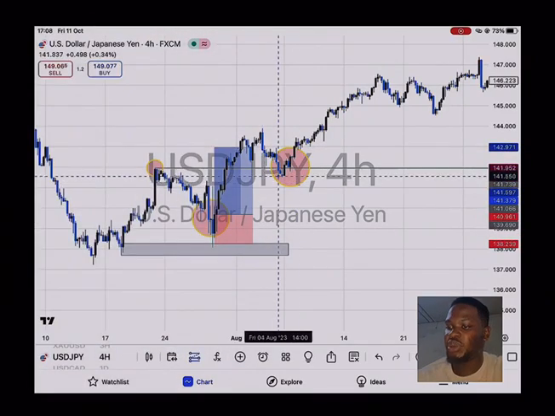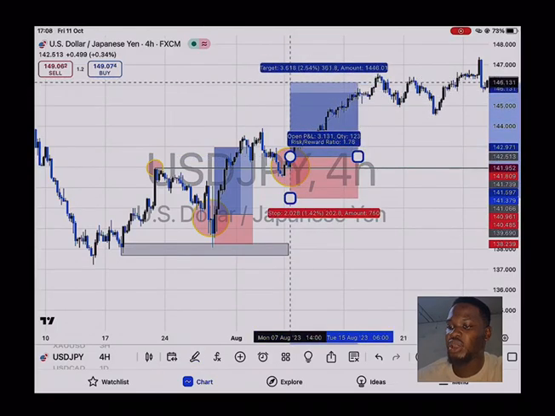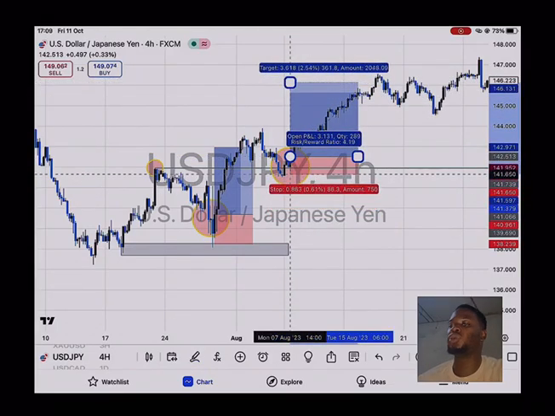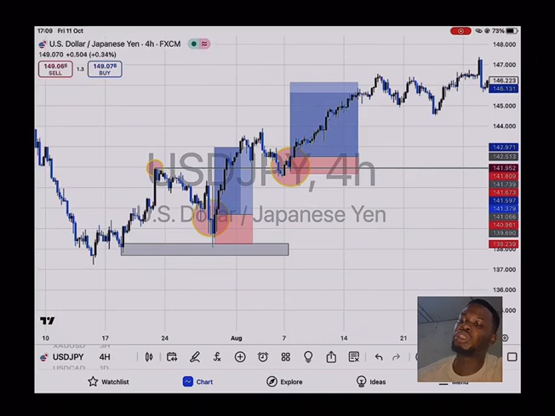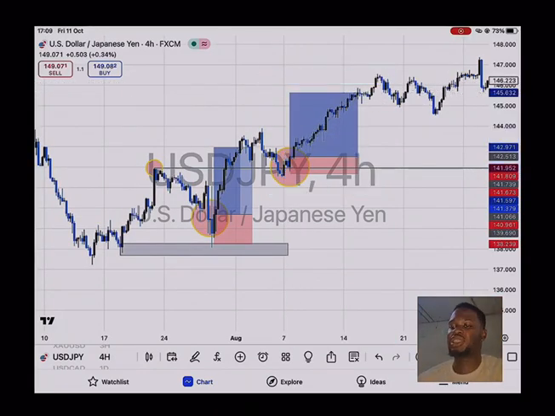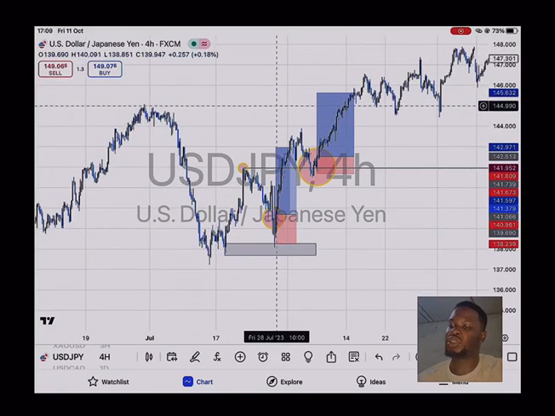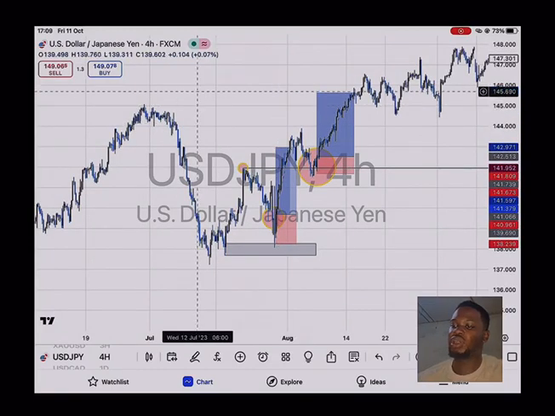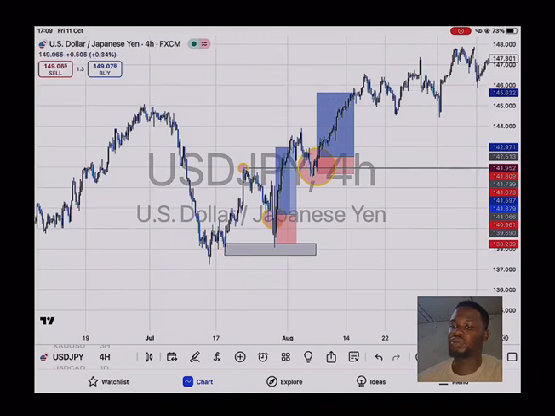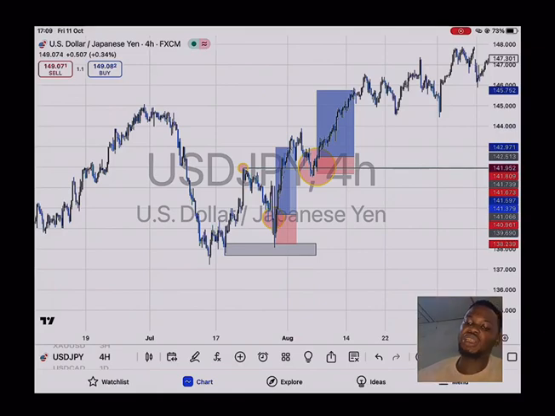Immediately after the close of that bullish candlestick, we enter for a buy. Our stop loss is a little bit below the bullish candlestick, and then we target the next resistance zone, which is this zone here, as our take profit. You can see that our take profit was smashed easily without stress. So it's as easy as that.